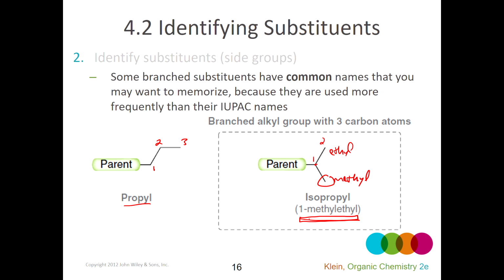But almost no one calls it that. You'll almost always see it called isopropyl. And so the prefix iso specifically refers to this grouping of atoms where you have 2 CH3 groups on 1 carbon. There'd also be a hydrogen there. This is an isopropyl group, right? It's got 3 carbons, so it's propyl.